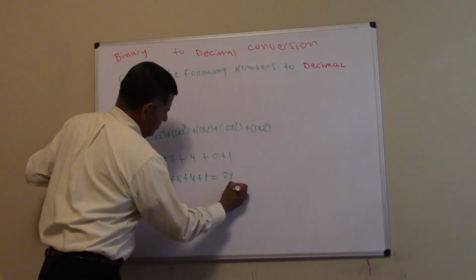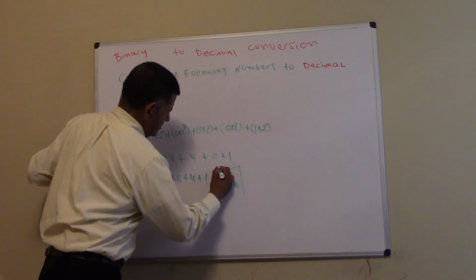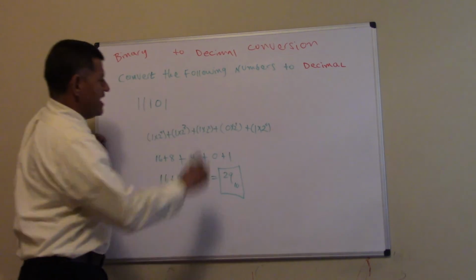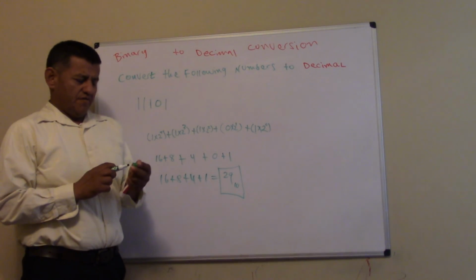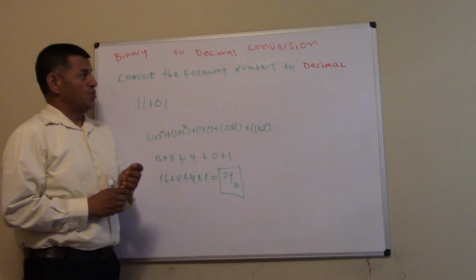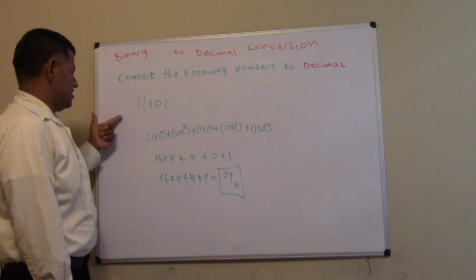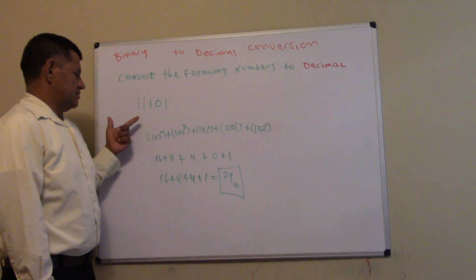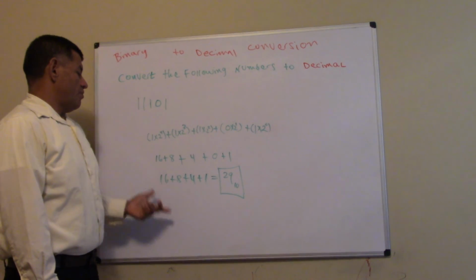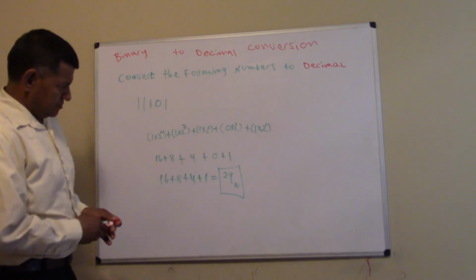Here you go, 29 base 10. And that's how you convert from binary to decimal.